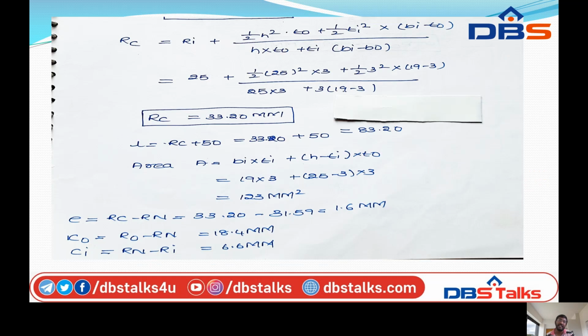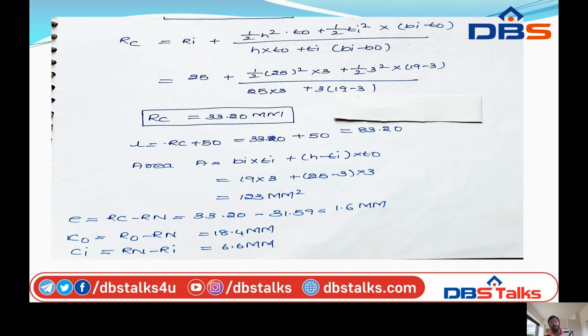So next we can calculate the radius of the central axis. Rc is equal to Ri plus half into H square into T naught plus half into Ti square into Bi minus T naught, divided by H into T naught plus Ti into Bi minus T naught. This formula is also given in the Jalaluddin data book for the T section.